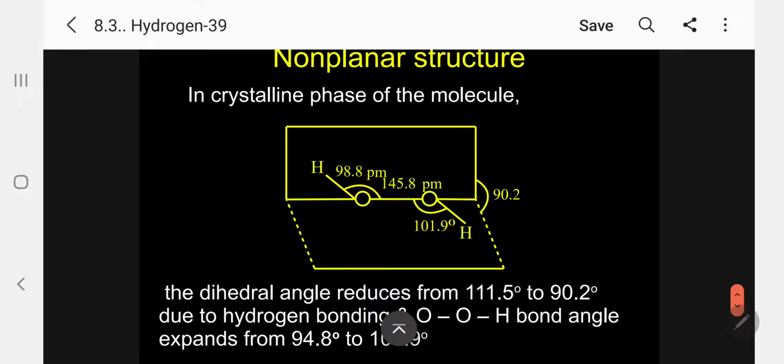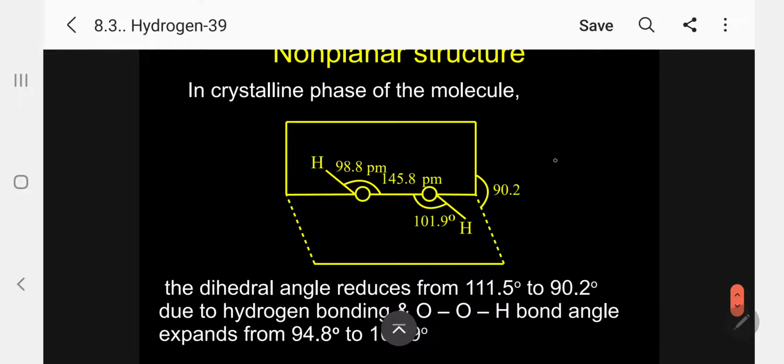Now, in the crystalline phase of the molecule, the dihedral angle reduces from 111.5 to 90.2 due to hydrogen bonding, and the OOH bond angle expands from 94.8 to 101.9.